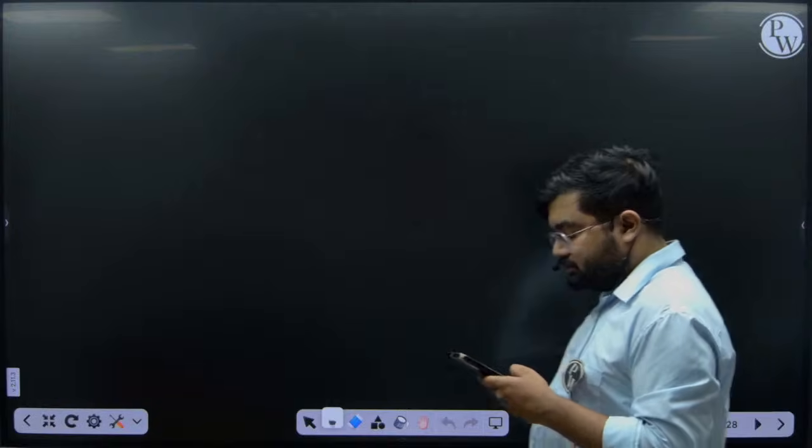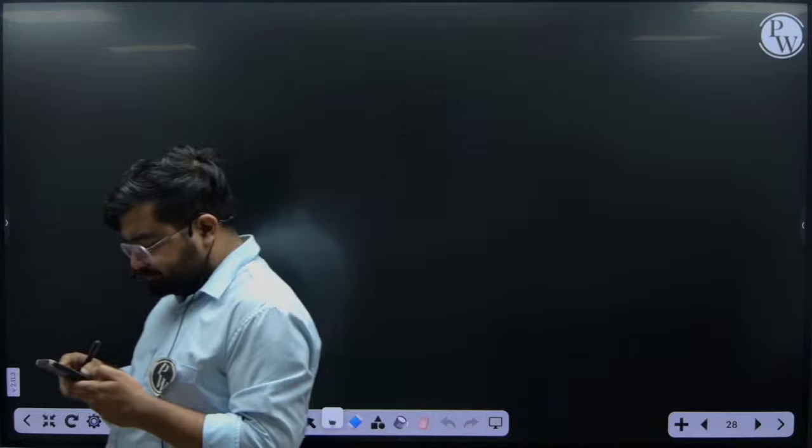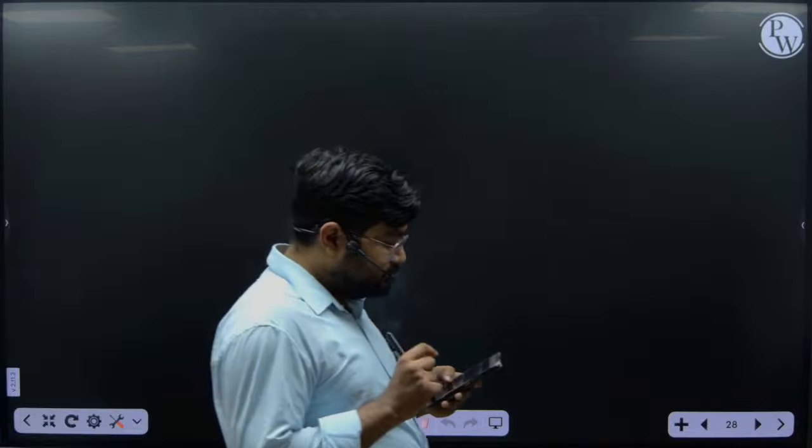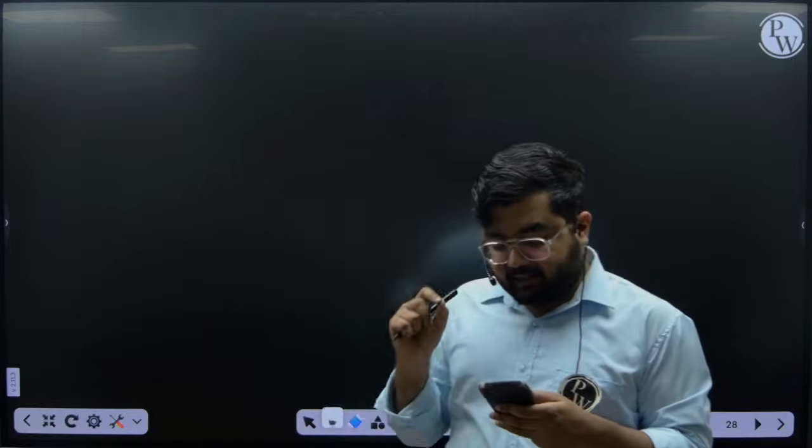Next, let us see another question. A simple pendulum of length 10 centimeter completes 10 oscillations in 20 seconds.